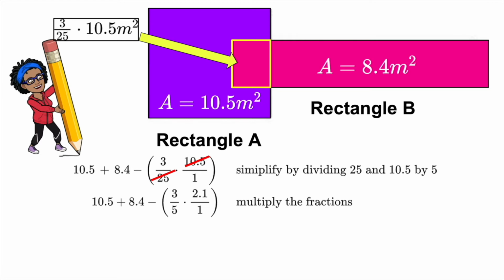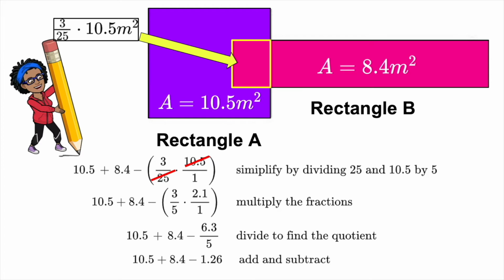Now I'm going to multiply those fractions together, and the product is 6 3/10 over 5. I'm going to reduce the fraction to a decimal by dividing. The quotient is 1 26/100. Now I can add and subtract my decimals. They're all in the same format.